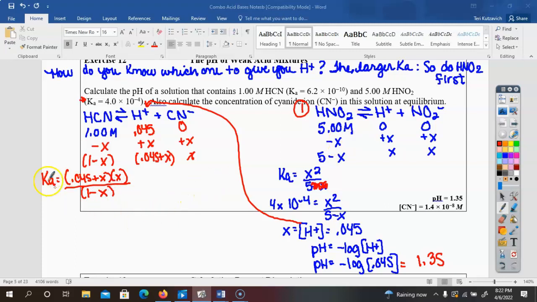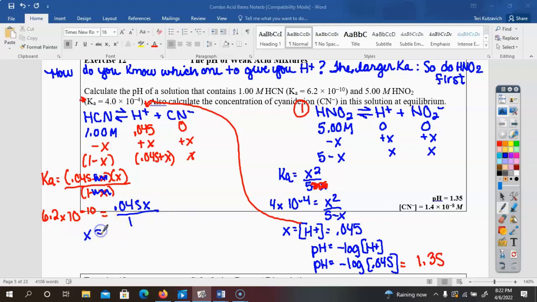Wow, this looks like a doozy. Well, remember, what can we do? We're given our Ka, and we're assuming that these x's are so small that we can get rid of them. So now our problem simplified a lot. It's 0.045 x over 1.